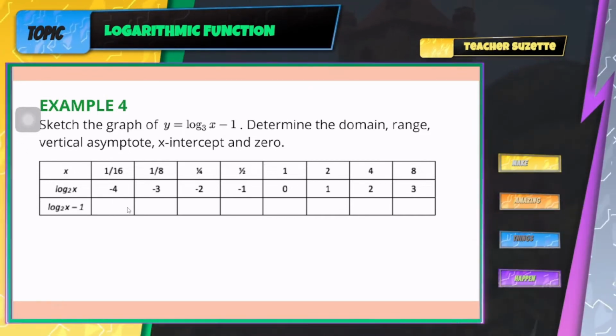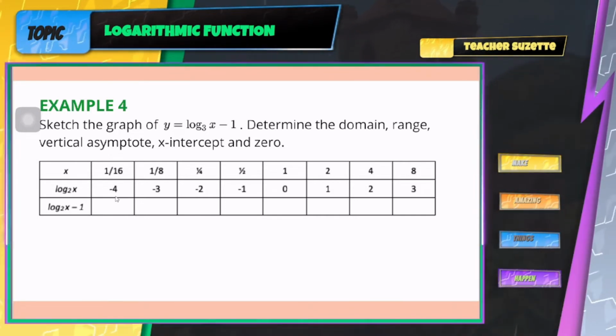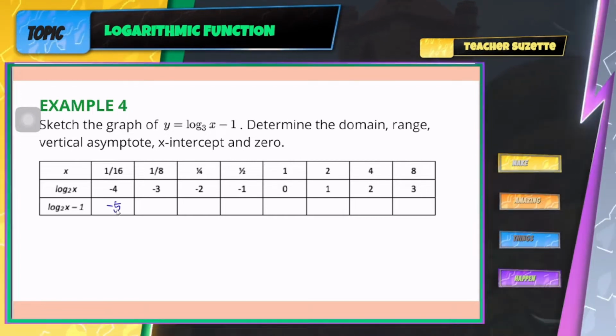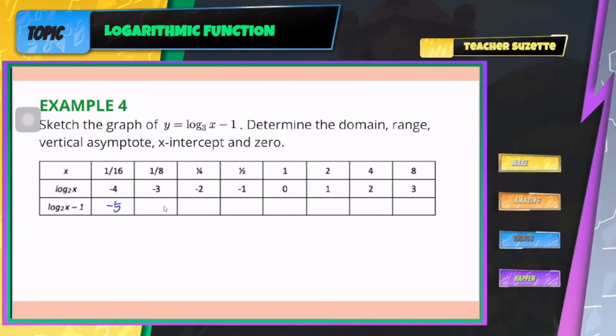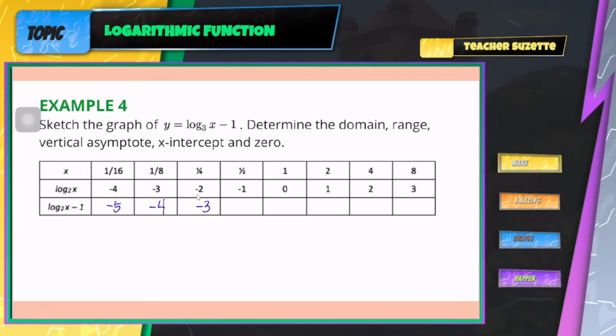So next we proceed with solving for the y coordinates. We have first negative 4 minus 1. So that is negative 5. Negative 3 minus 1, negative 4. Negative 2 minus 1 equal to negative 3.